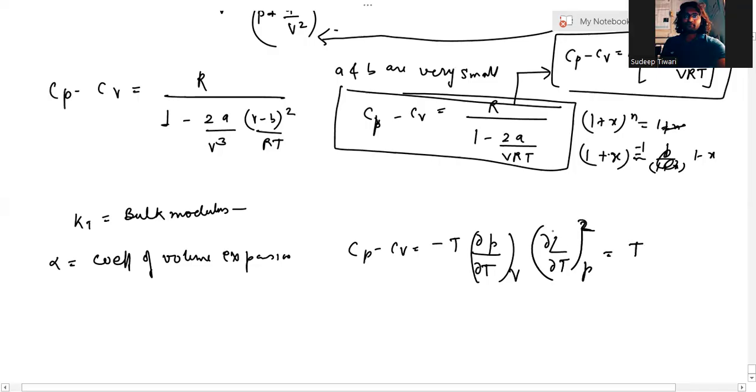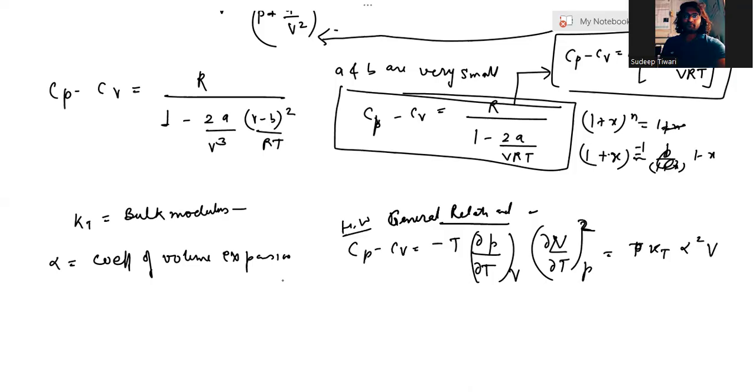And you can write this entire thing as, I'm leaving this as homework for you, you can do it on your own, it will be equal to Kt alpha square into V. So this is a more general relationship, that is, Cp minus Cv can be more generally written as Kt alpha square times V.